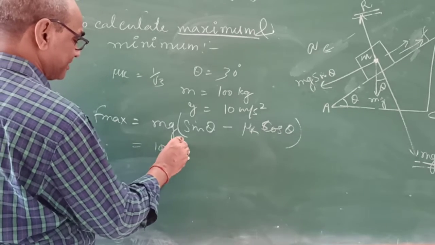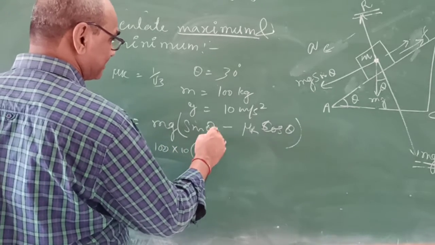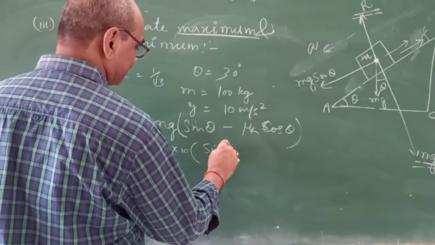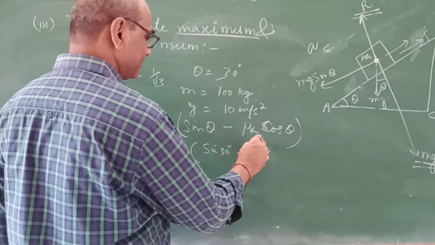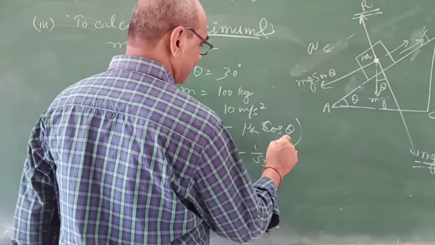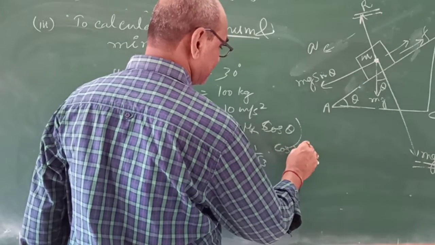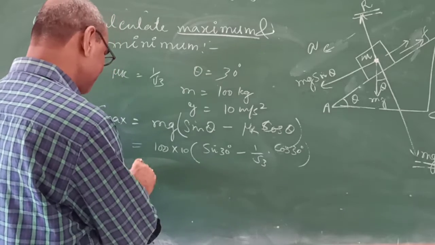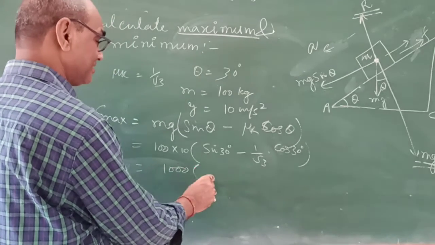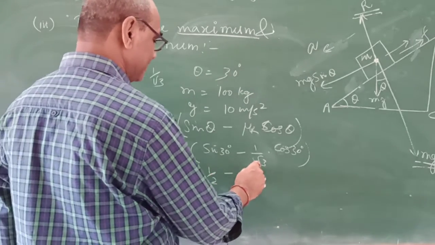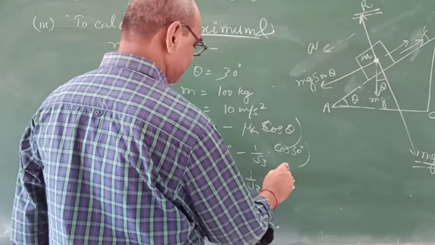Therefore 100 into 10 sin 30 degree minus mu k, which is 1 by root 3, and cos 30 is equal to root 3 by 2. So 1000 sin 30 is equal to half minus 1 by root 3 into root 3 by 2.